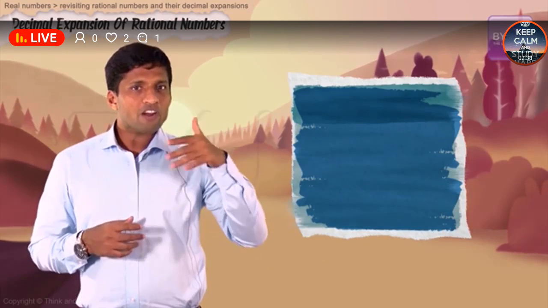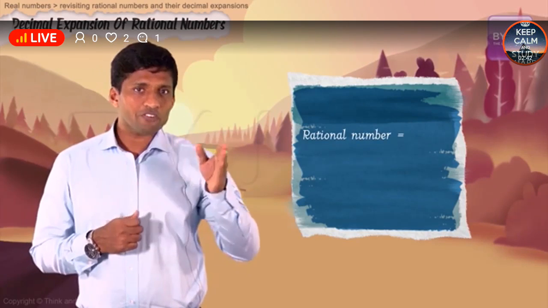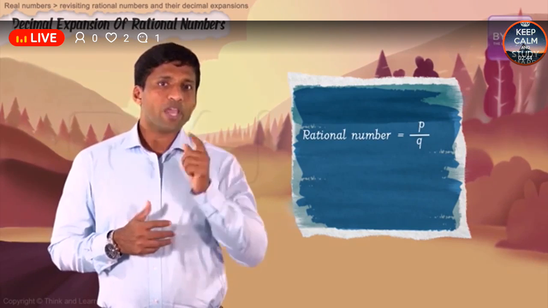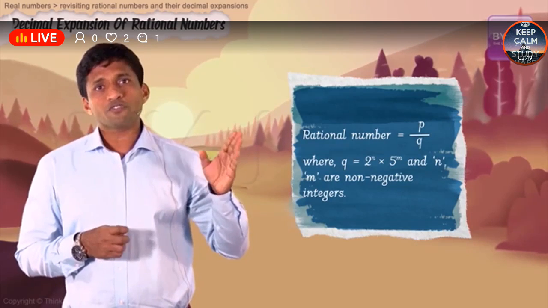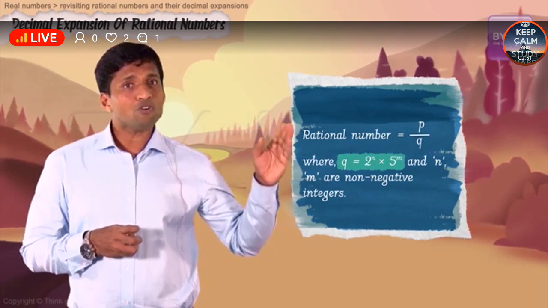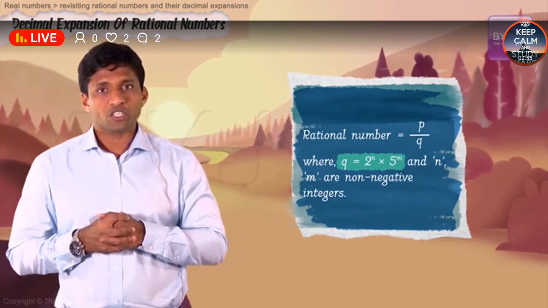So we can find that the real number is a rational number of the form p by q, where the prime factorization of q is of the form 2 raised to n into 5 raised to m, where n and m are non-negative integers.